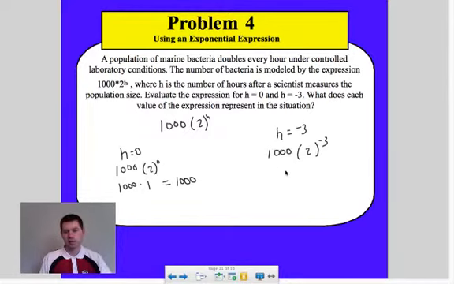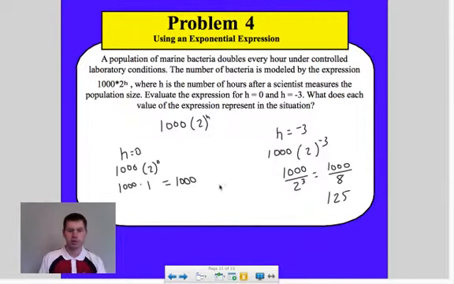And what we get here is 1000, but then we have 2 raised to negative 3, which really becomes 1000 over 2 cubed, which is 1000 divided by 8. Now that I take 1000 divided by 8, I get 125.